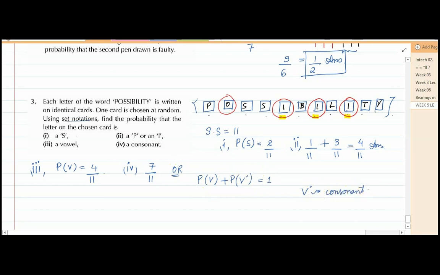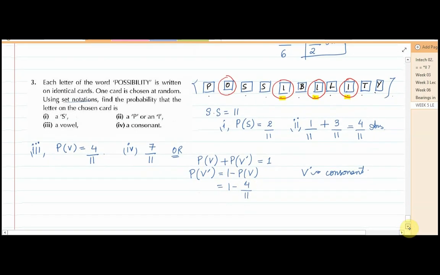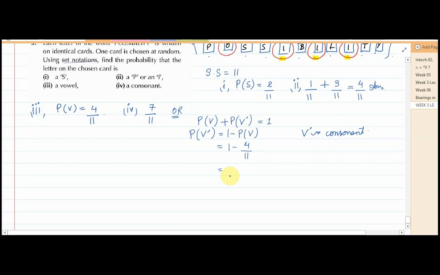So the possibility of not a vowel, or you can say consonant, is equal to 1 minus possibility of a vowel. It will be 1 minus 4 divided by 11. When you take the LCM, it's 11. 11 minus 4, and that is equal to 7 upon 11.